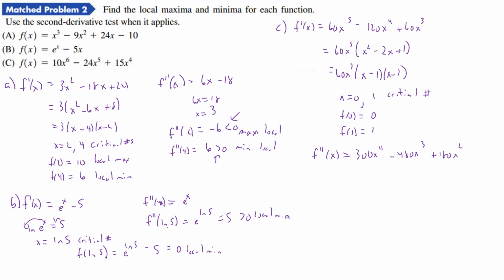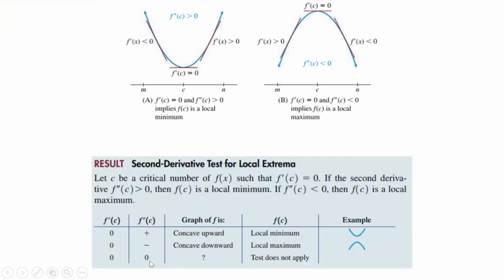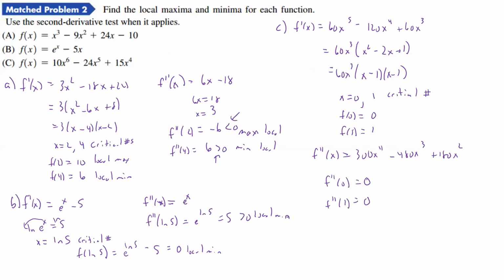Now we're just going to do the same thing we did before: plug in our values, f double prime of 0 and f double prime of 1. 0 gives us 0, and 1 gives us 0 as well. So guess what? If we remember, when we get 0, that test does not apply. For this one, it does not apply in either case.